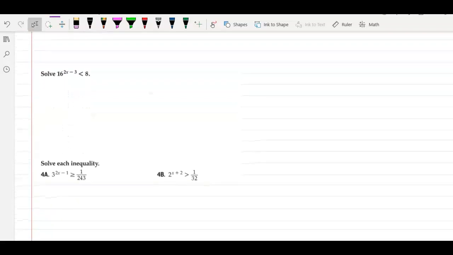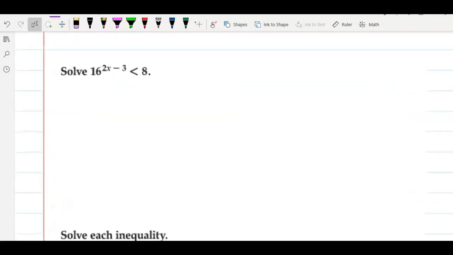The last thing we want to look at is how to solve when we have an inequality. We're going to treat this very similar to when we had exponential equations.